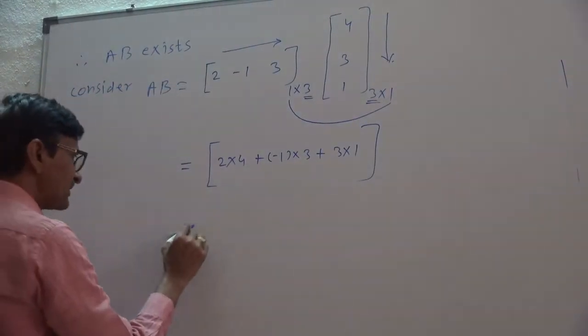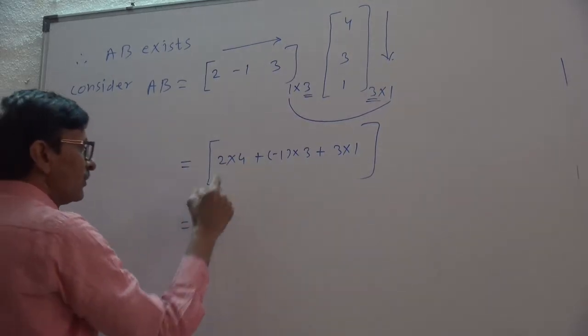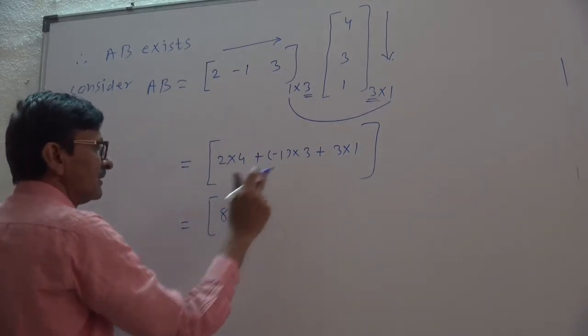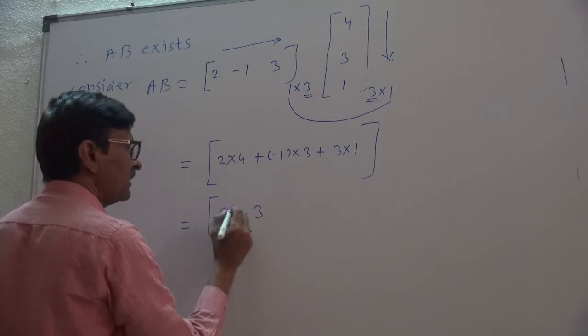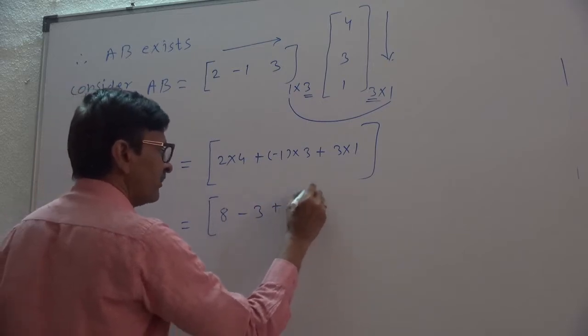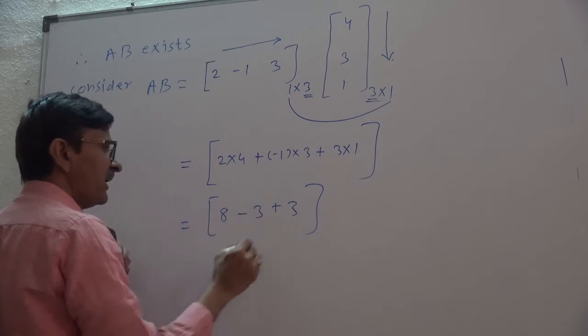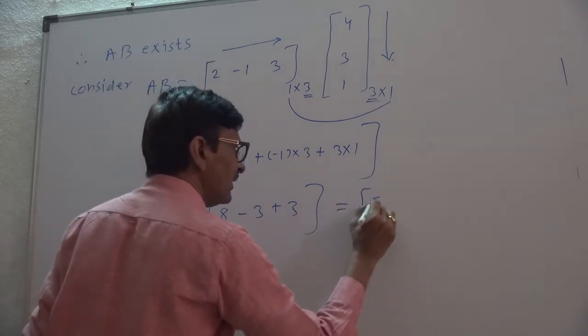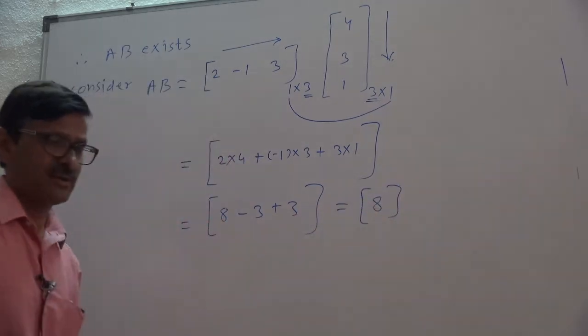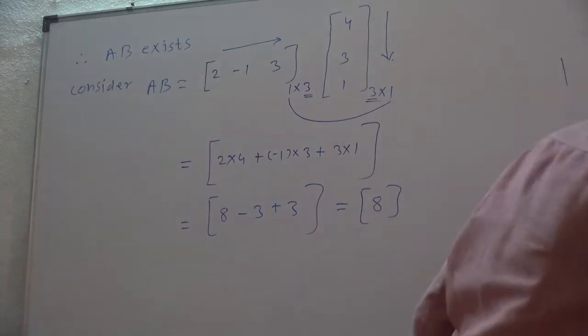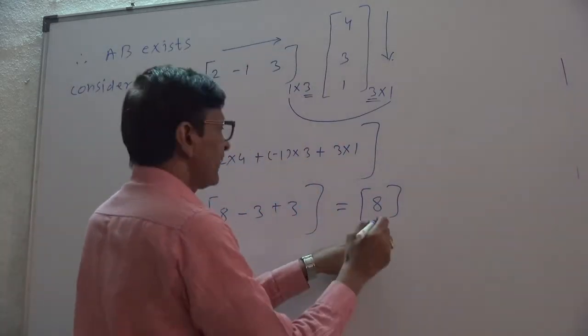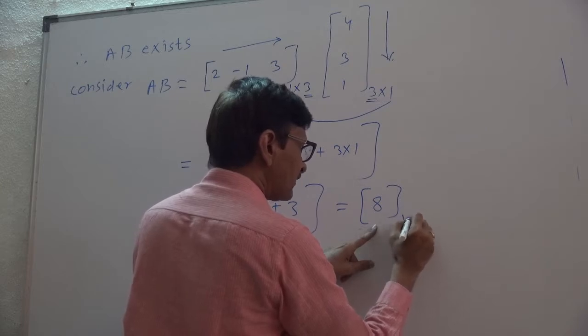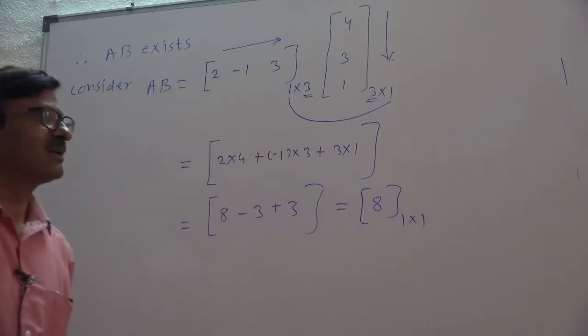Which gives us the matrix, that is 2 4s are 8, then this product is minus 3 and plus 3, minus 3 plus 3 is 0, and hence the value is 8. So here we observe that the obtained product is a matrix of order 1 by 1.